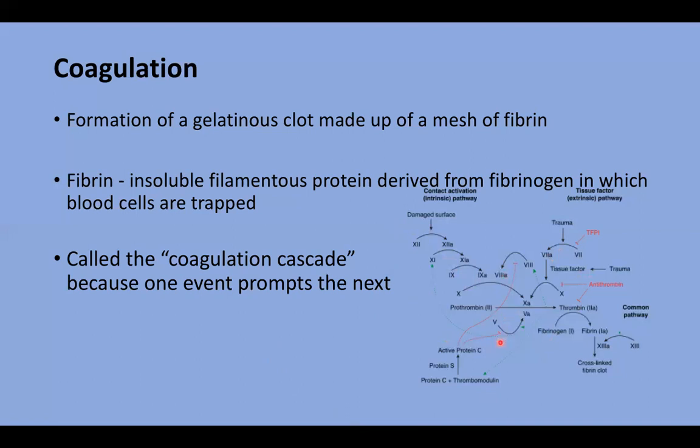And eventually, no matter how the cascade starts, we're going to end with the same result: the inactive plasma protein fibrinogen is going to be converted into the active protein fibrin, and it's that fibrin that's going to form a mesh in which the coagulation is going to occur.